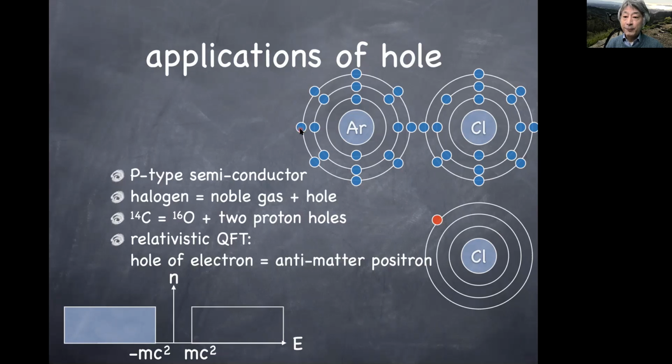Instead, if you're looking at, for example, what is the next thing after argon? Is it sodium? No. I forgot. Does any of you remember what comes after argon? Potassium. Oh, potassium. Okay. So potassium is adding one electron in the next orbital.